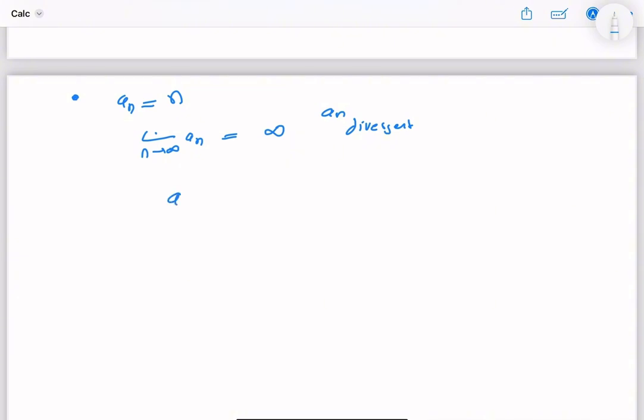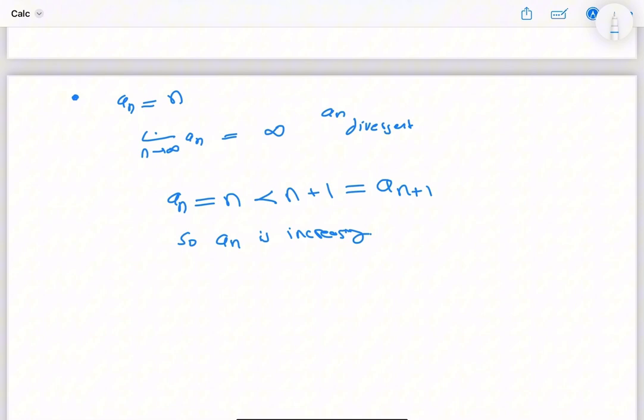Well, the sequence a_n is equal to n. And n is always less than n plus 1, and n plus 1 is just equal to a_n plus 1, right? So a_n is increasing. But if a_n is increasing, there's a problem here, which is that the sequence is not bounded from above.